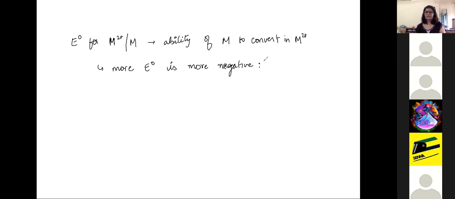What does this signify? So a more negative E naught value signifies that it is easier for M to ionize, or is it more difficult for M to ionize? I think it is easier for M to ionize.